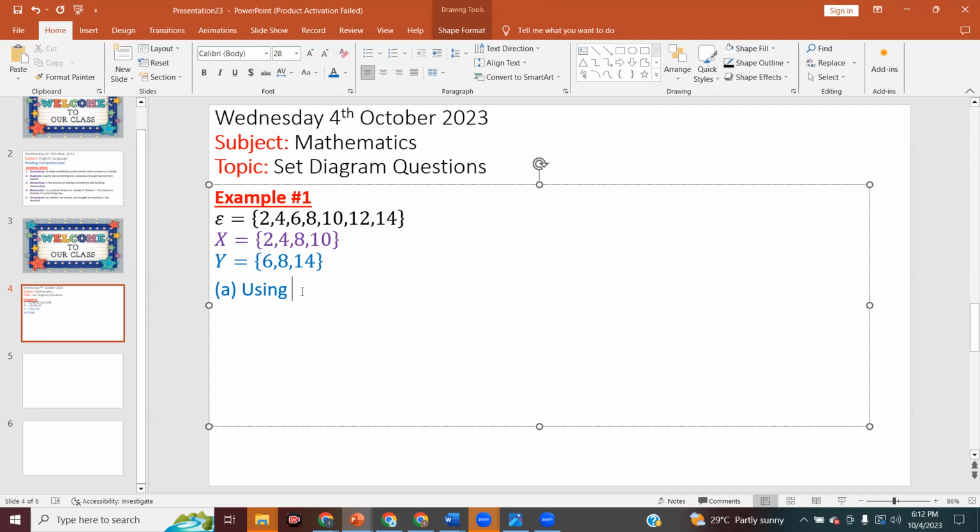So using the sets above, they want you to state whether each statement is true or false. For these ones, you're going to tell me if it's true or false.